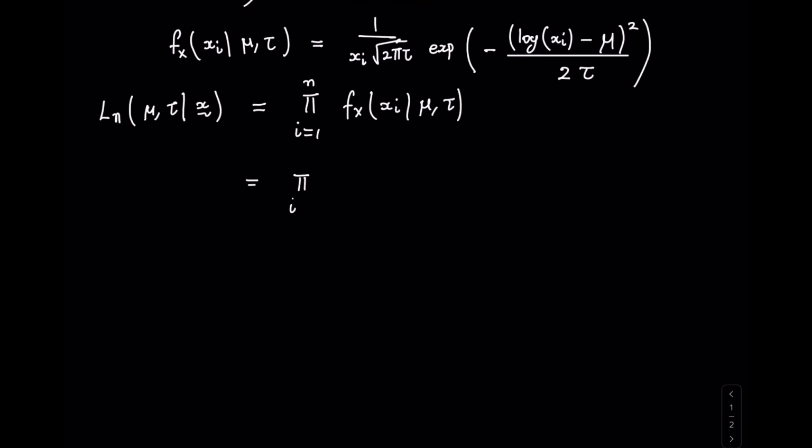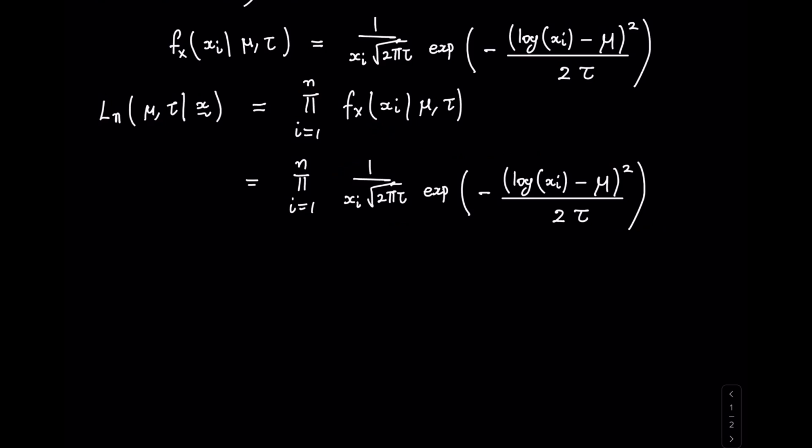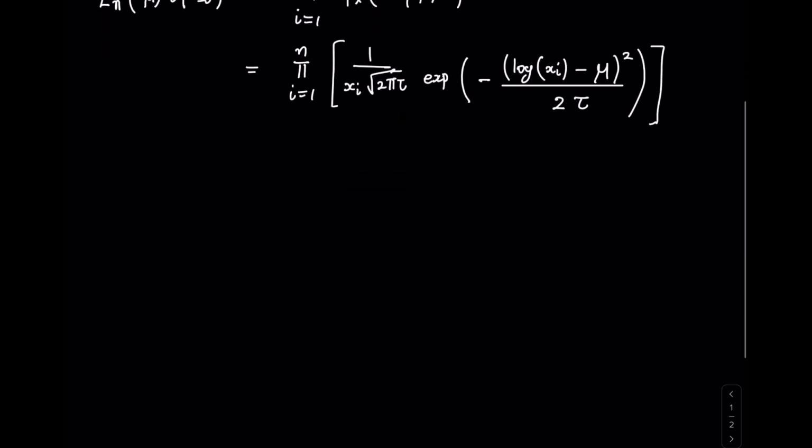That becomes the product from i equals 1 to n. In this case, I'm going to copy this across, and we've got our expression here, and I'm just going to take the product of those terms.